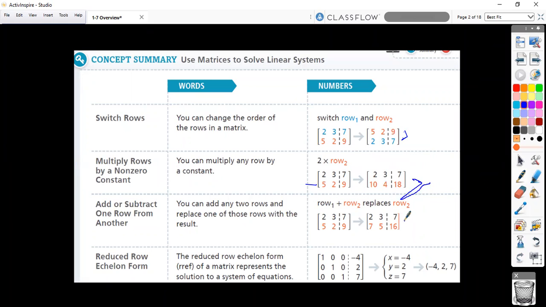And the third one, you can add 2 rows together. So they added the 2 and the 5 and got the 7. The 3 and the 2 came up with a 5, and the 7 and 9 to get this 16.